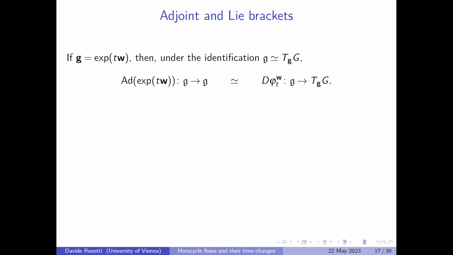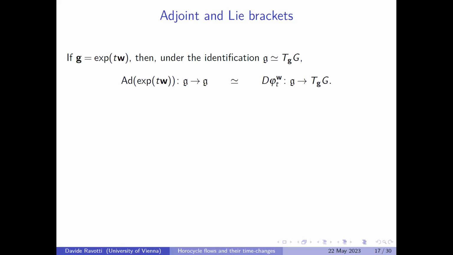Okay, so imagine that this object here takes a tangent vector at the identity and maps it to a tangent vector at g. Here you have the identity, and here you have g being the exponential of tW. Imagine now that you have a curve here, and here I have my tangent vector.